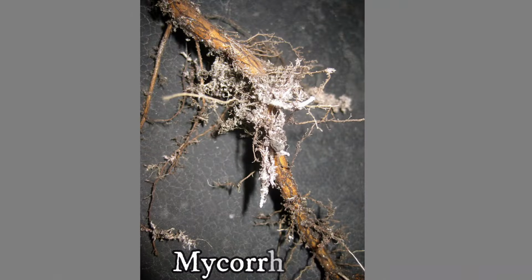Now, interestingly, in many plants the roots even have a special symbiotic relationship with fungi. And this association is called mycorrhizae. The roots provide important sugars to the fungi that are needed for its growth, while the fungi often produce a large mass that can absorb and supply water and nutrients directly to the plant roots.